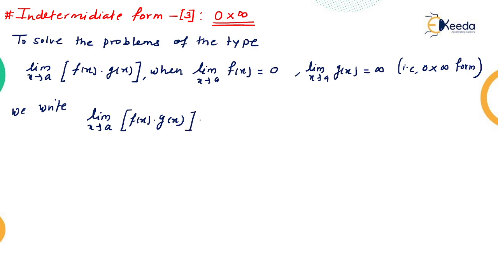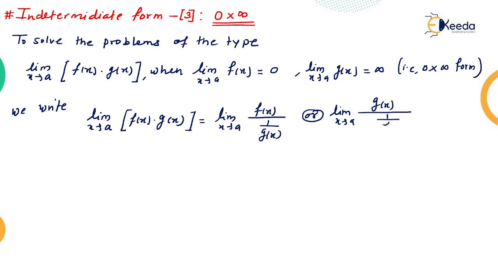This can be written as limit as x tends to a, f(x) divided by 1 upon g(x), or sometimes I would like to write it this way: limit as x tends to a, g(x) divided by 1 upon f(x).